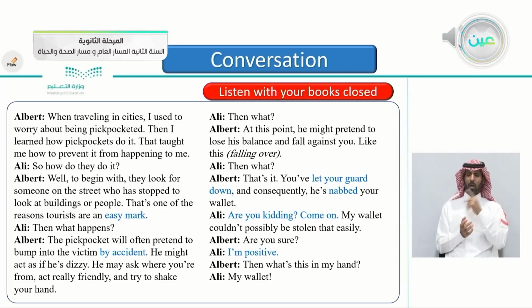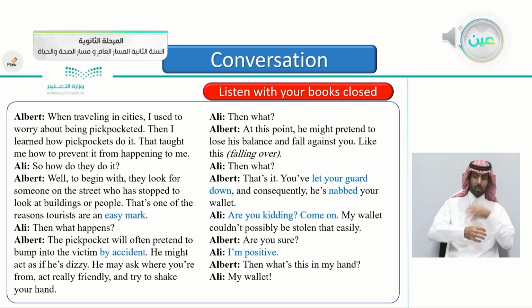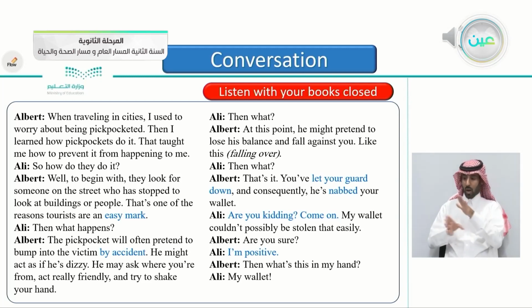Crime doesn't pay. When traveling in cities, I used to worry about being pickpocketed. Then I learned how pickpockets do it. That taught me how to prevent it from happening to me. So how do they do it? Well, to begin with, they look for someone on the street who has stopped to look at buildings or people. That's one of the reasons tourists are an easy mark. Then what happens? The pickpocket will often pretend to bump into the victim by accident. He might act as if he's dizzy.